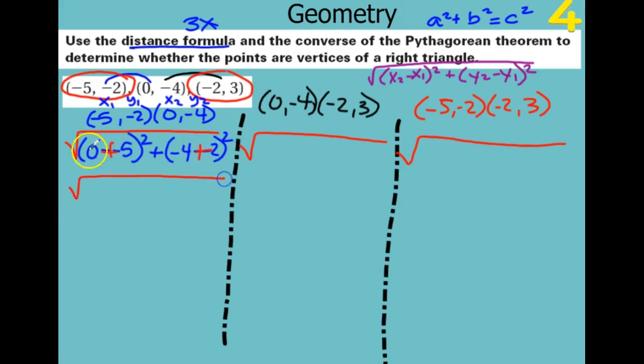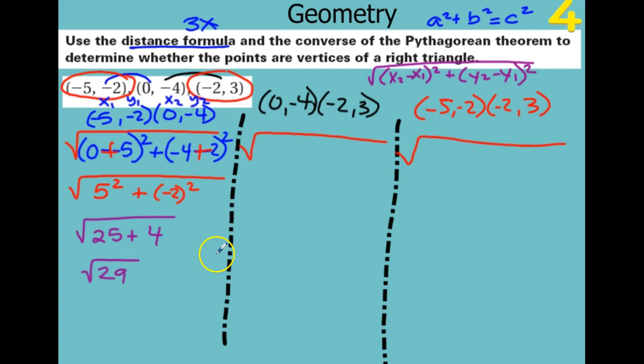So let's simplify. 0 plus 5 is really just 5, so 5 squared. -4 plus 2 is really -2 squared. So if we simplify this, 5 squared is 25. And -2 squared, it's not -4, it's a -2 times a -2 makes a positive 4. So we really have the square root of 29.